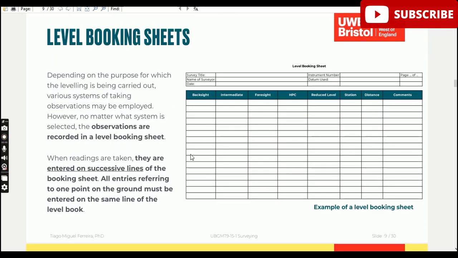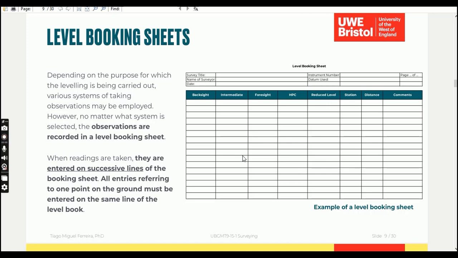The third thing is the leveling book. It looks something like this: backsight, intermediate, foresight, HPC, reduced level, and you can make it in an Excel sheet. It depends on the purpose for which the leveling is being carried out. Various systems of taking observations may be employed.